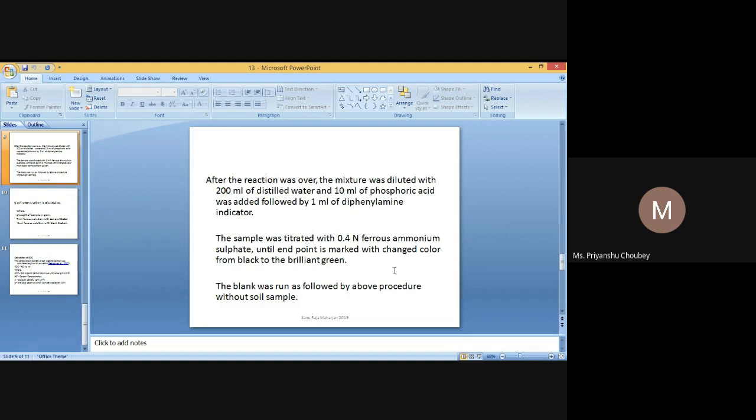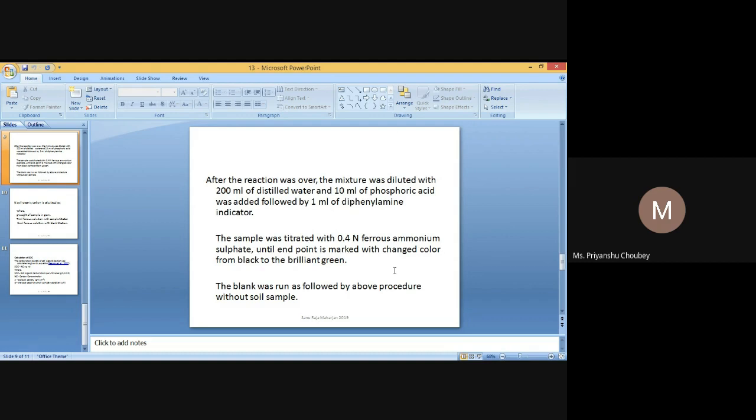Type 1 is blocky. In blocky, all three dimensions of the peds are about the same size, providing a shape of a block having flat and rounded faces. These peds are further divided into angular blocky and subangular blocky.